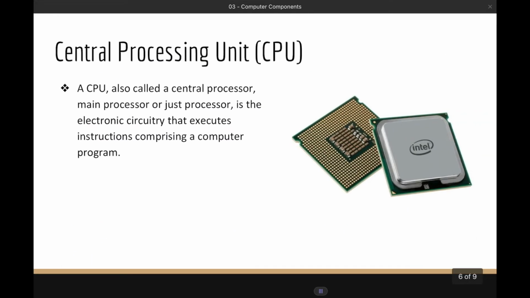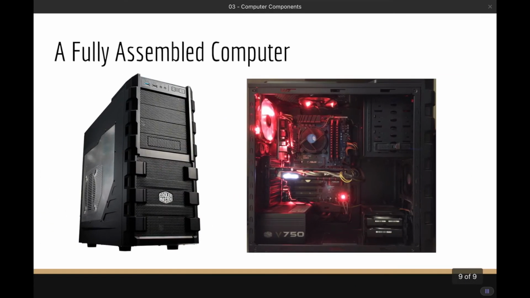Next we have the central processing unit, which is also referred to as the central processor, main processor, or just processor. I think a common misconception among us is that when we hear the term CPU, we immediately think of this thing here, but this is basically a casing or chassis.